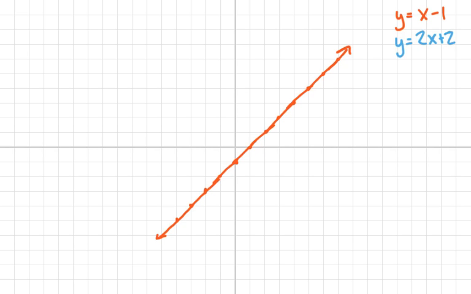Now moving to my other equation, again, I'm going to do the same thing and graph it here on the same axis. My y-intercept is +2, so I'm going to plot that point. And then my slope is also 2, so it's going to be 2 over 1. So I'm going to count up 2 and right 1 from my y-intercept, and I'm going to repeat that process over and over again. And then to go the other direction, I can also count down 2 and left 1 to go ahead and place my points.